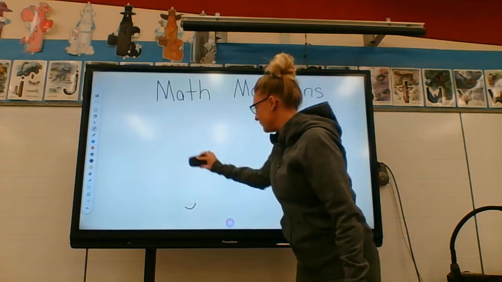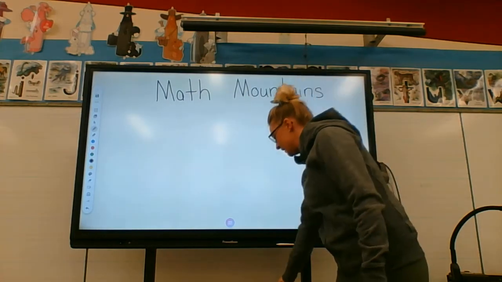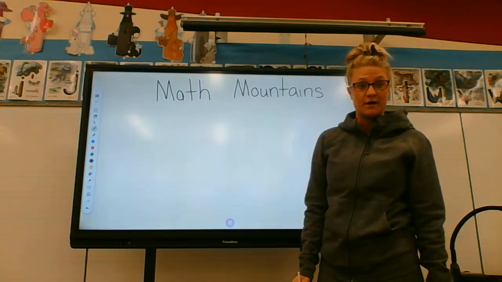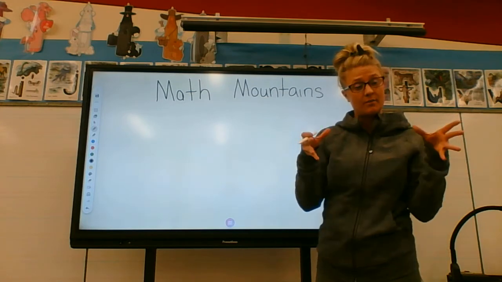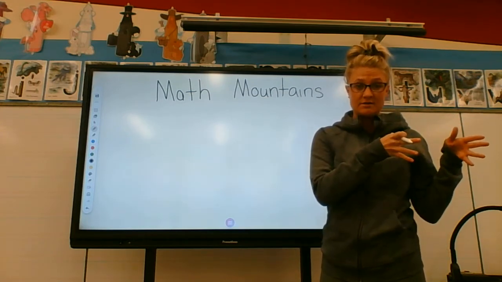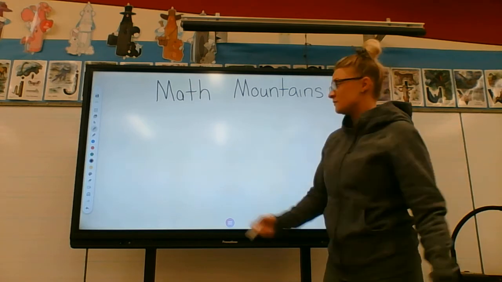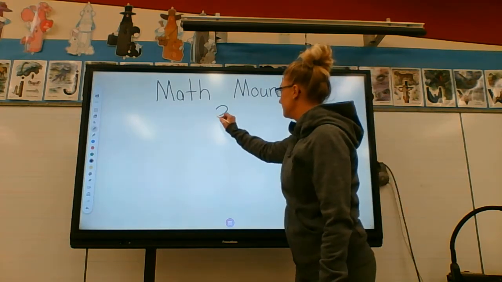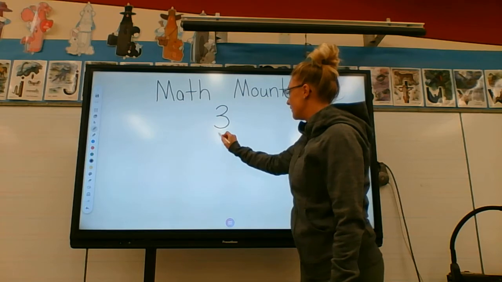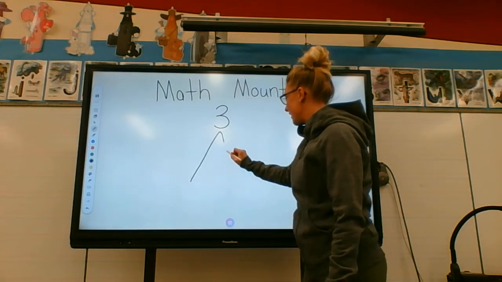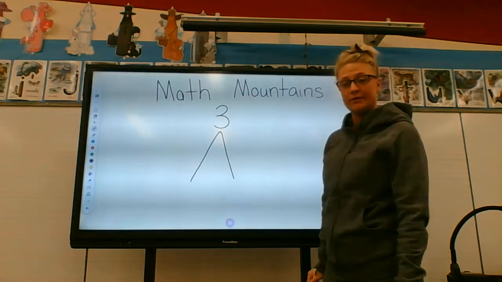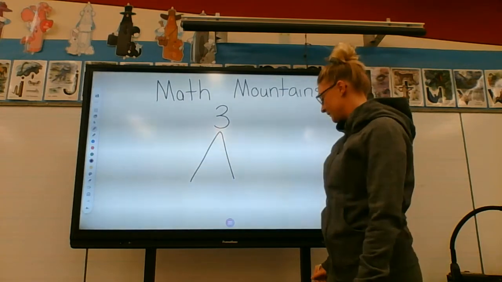In that same row, they try to trick you and switch to partners of 3. Most of that row are partners of 4, but at the end, they want to give you partners of 3. So now we're going to write a 3 at the top, draw our math mountain, and look at the first one for partners of 3.